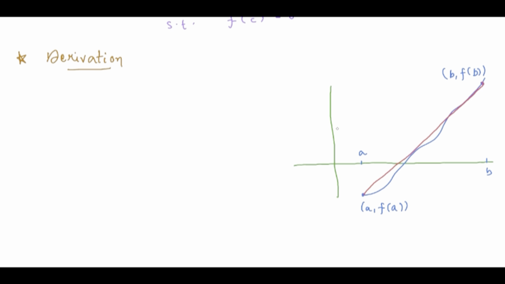If I draw the two endpoints, the two points on the function give you the equation of the line that passes through (a, f(a)) and (b, f(b)). Forming the equation of the line, we get (y minus f(a)) divided by (x minus a) equals (f(b) minus f(a)) divided by (b minus a). Since the root lies on the x-axis, y should be 0.